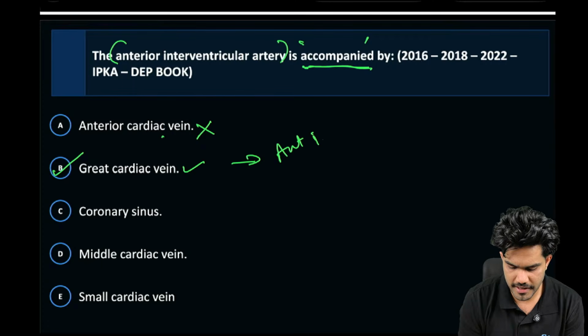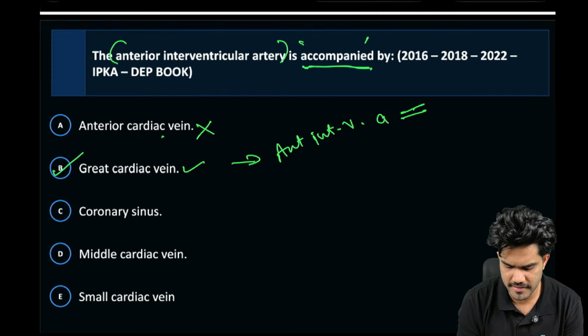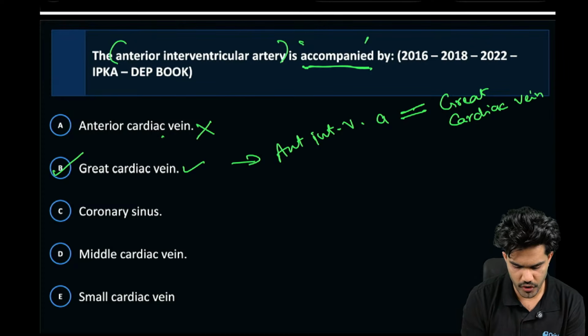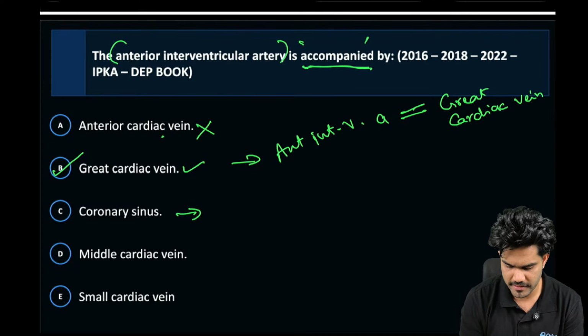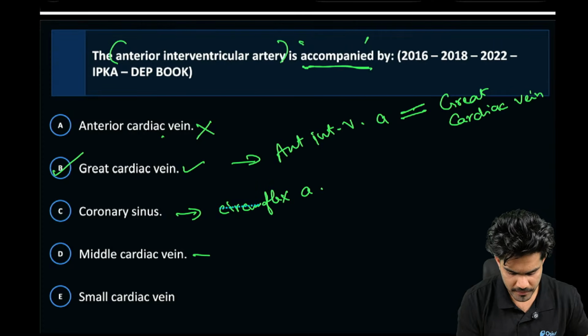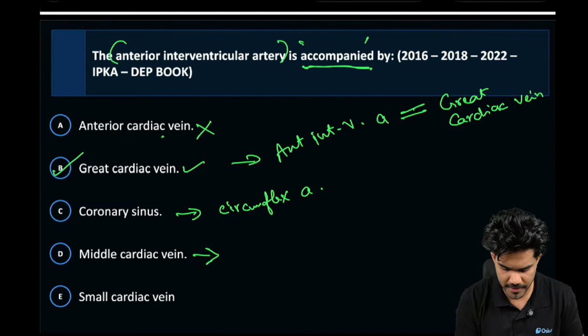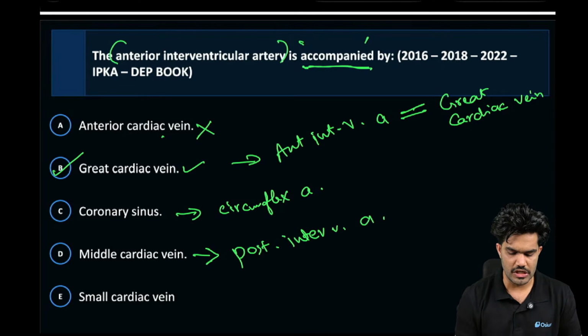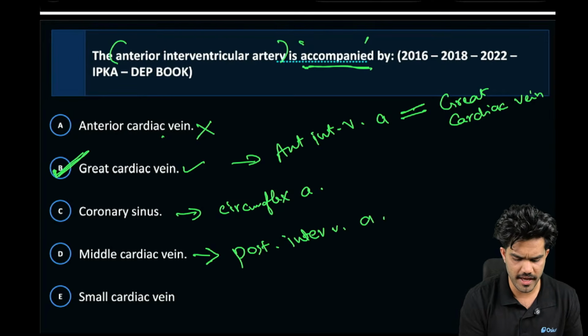The anterior interventricular artery accompanies the great cardiac vein. Coronary sinus accompanies the circumflex artery, and the middle cardiac vein accompanies the posterior interventricular artery. So focus, guys, the answer will be B.